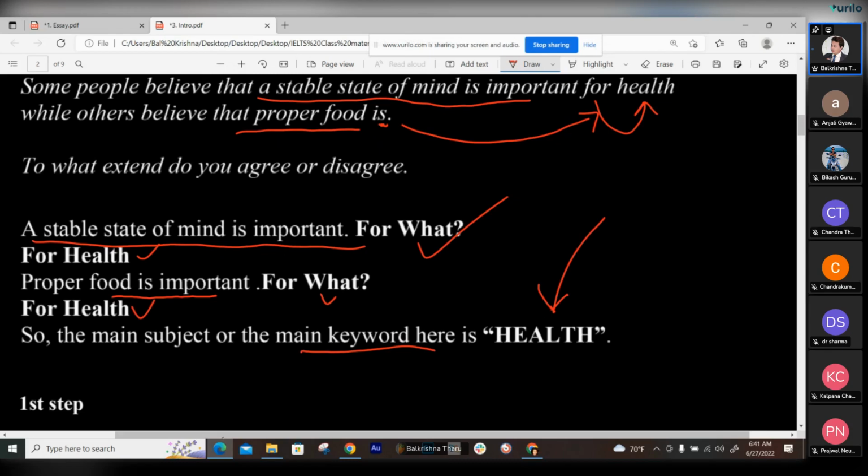Because when you talk about mind, you need to talk about health. When you talk about food, you need to talk about health. So, top to bottom, throughout the essay, your central point is going to be health. So that's why health is your keyword.